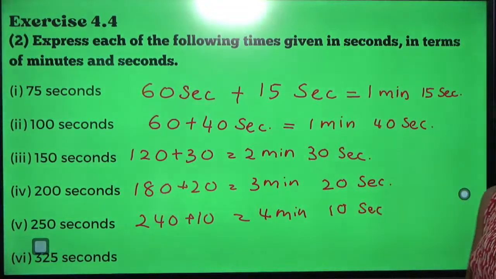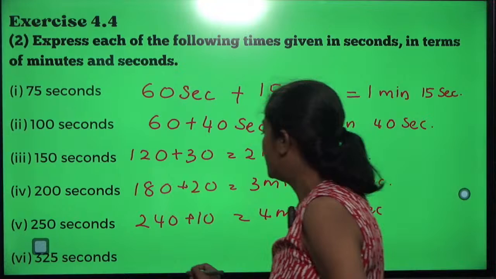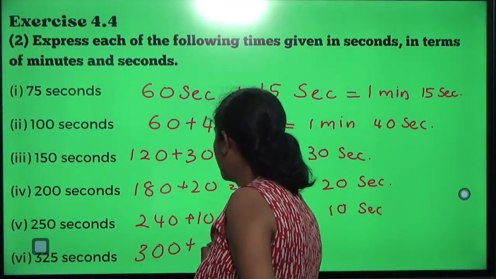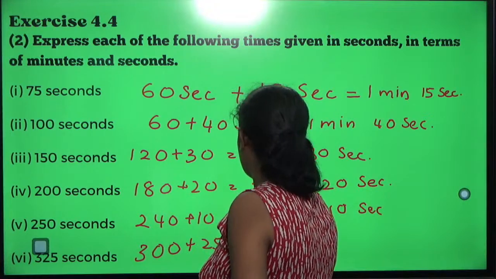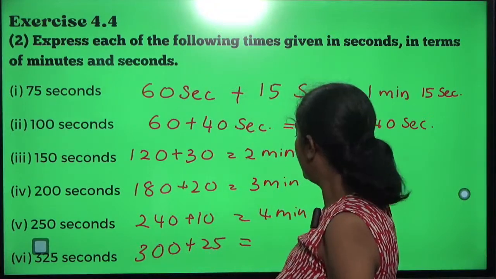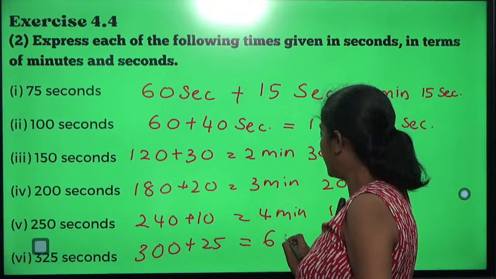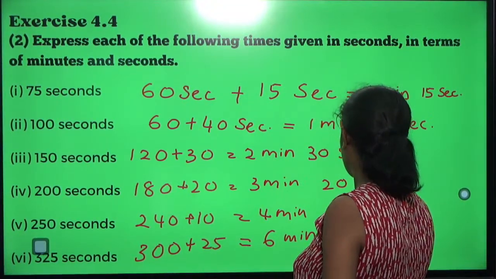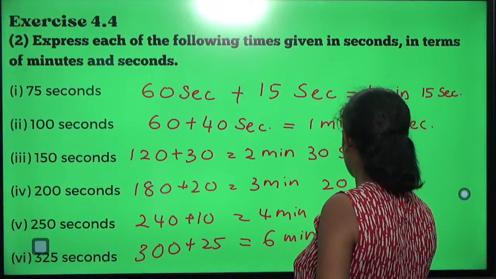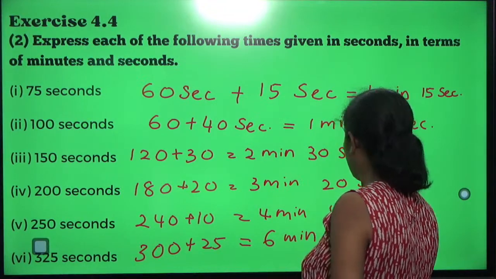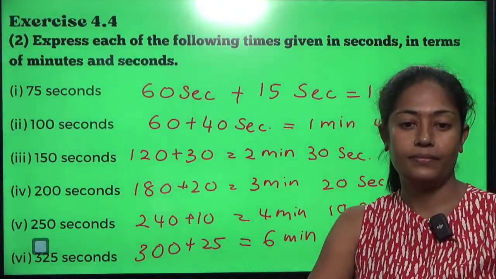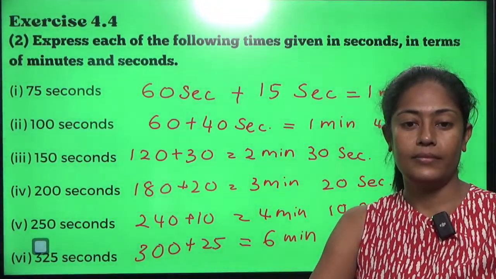Right, last one, 325, so you can write 300 plus 25. This one you can write as 6 minutes and 25 seconds. Okay, have you got all correct? Right.